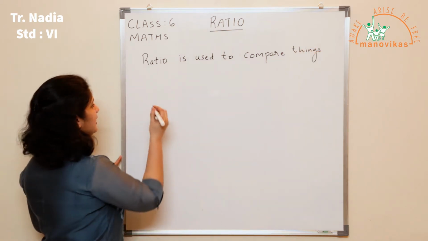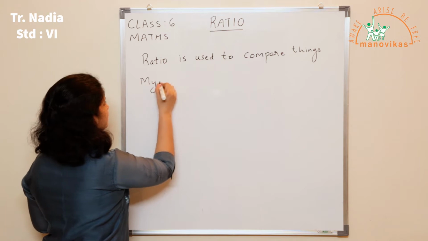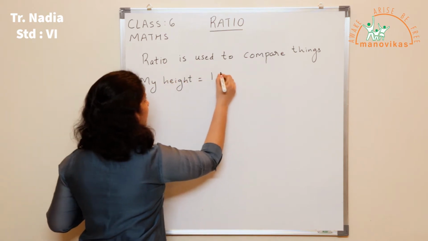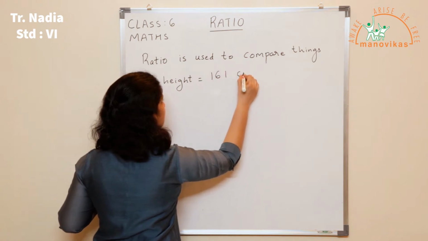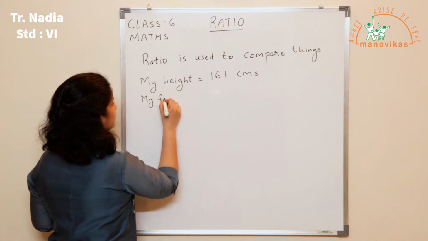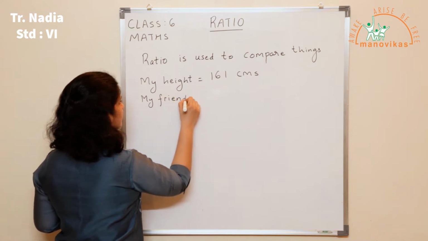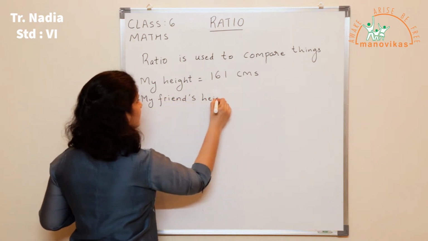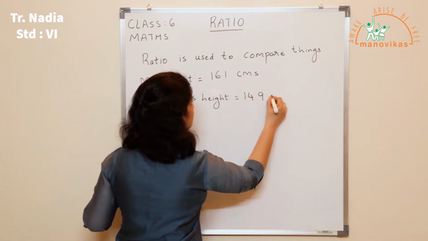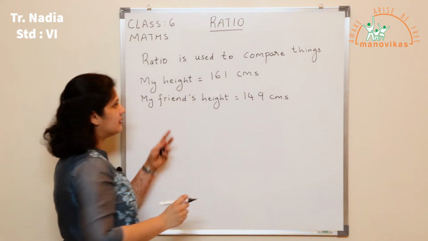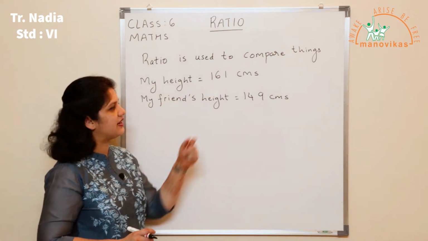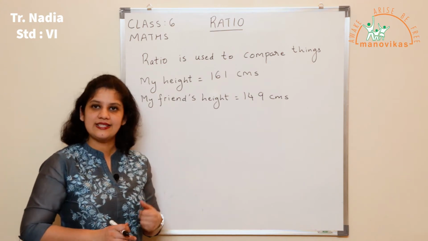For example, let us say my height is equal to 161 centimeters and my friend's height is 149 centimeters. These are our heights. My height is 161 centimeters. My friend's height is 149 centimeters.